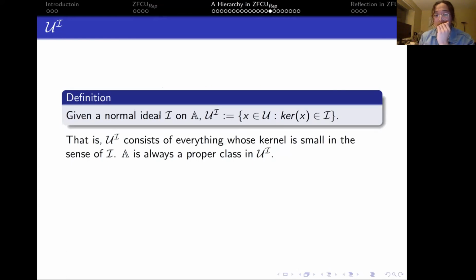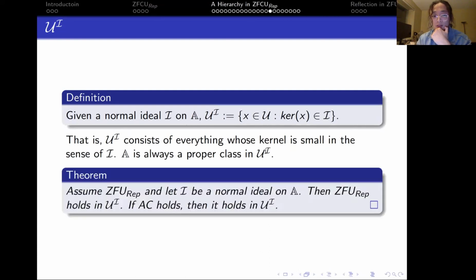Then given a normal ideal I on A, we can define this inner universe UI, which consists of all the sets whose transitive closure is small in the sense of I. And the class of elements in UI will always be a proper class. The theorem here is that if we assume that U is a model of ZFCU with replacement and let I be a normal ideal on A, then ZFU with replacement will always hold in UI.